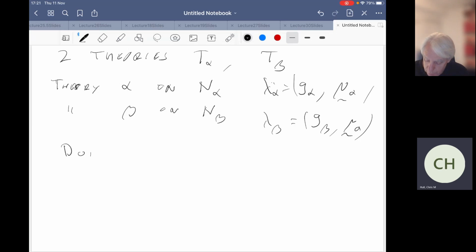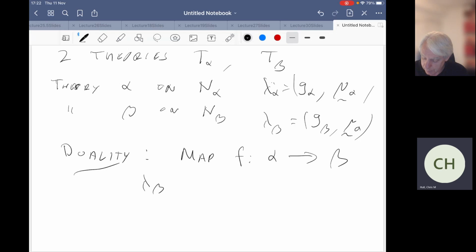So a duality is a map F from theory alpha to theory beta, which in particular takes lambda alpha to lambda beta, which is F of lambda alpha.